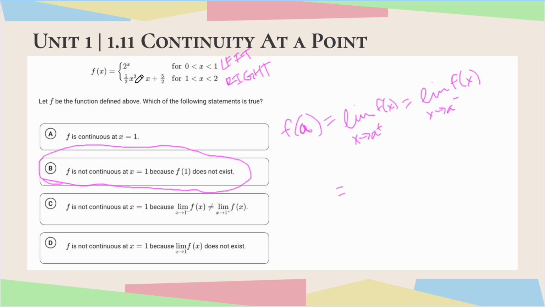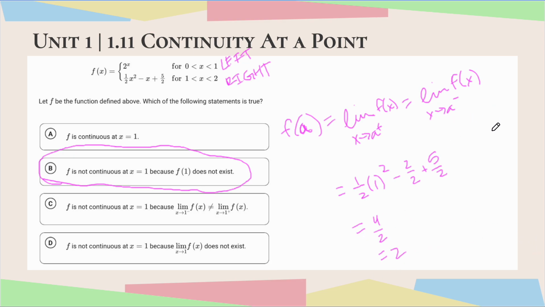So from the right, if I plugged in 1, I would get 1/2 times 1 squared minus 1. I'm going to write this as 2 over 2, anticipating that I'm going to need a common denominator, and then plus 5 over 2. So simplifying this, this is just going to be 1/2 minus 2 over 2 gives me negative 1 over 2, plus 5 over 2 gives me 4 over 2, which simplifies down to just 2.